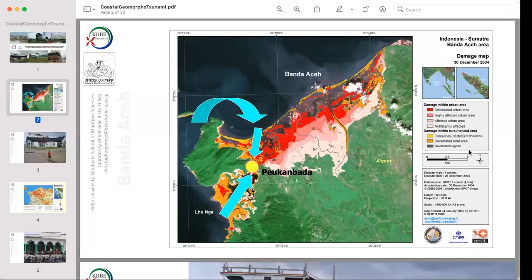And it resulted, of course, in a lot of impact. On that map here, you can see the devastated urban areas in red, very strong here, and less and less. But you have actually a very big impact.